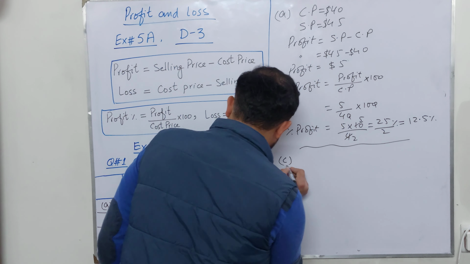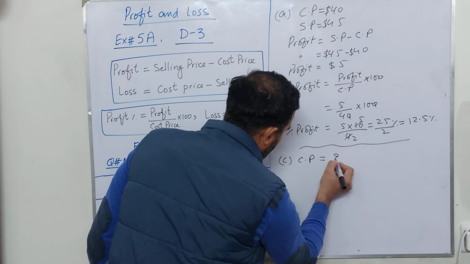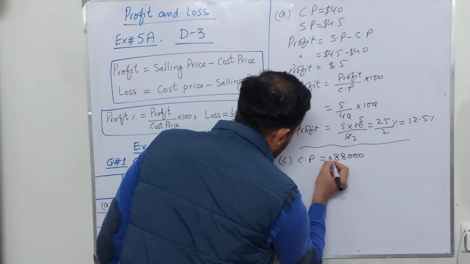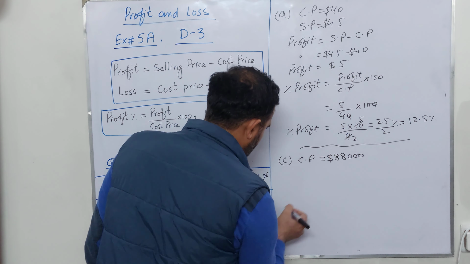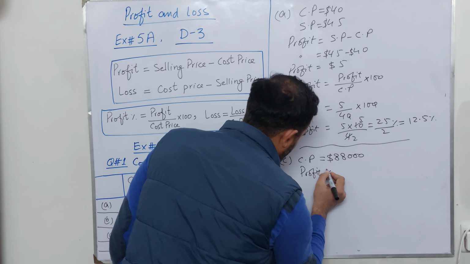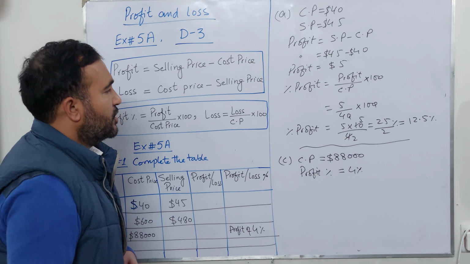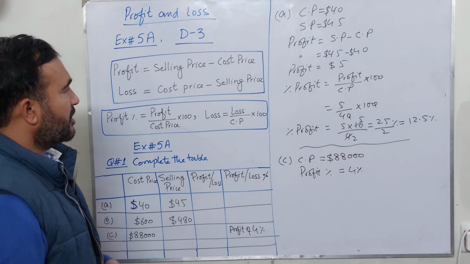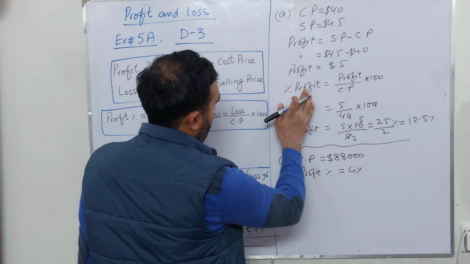In part number C, cost price is given as $88,000 and profit percentage is 4%. Okay, so we are going to use the formula of profit percentage, which is this one.